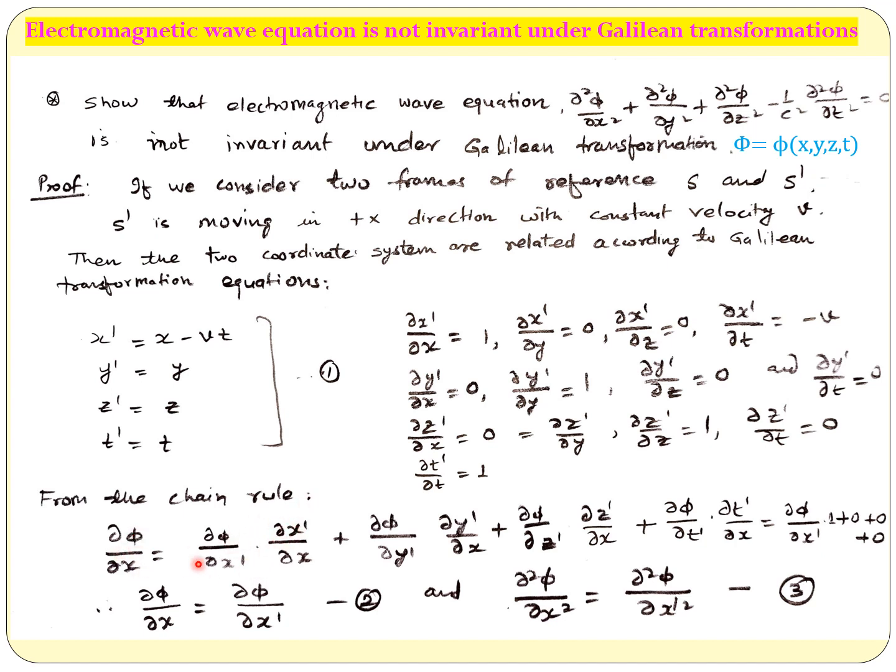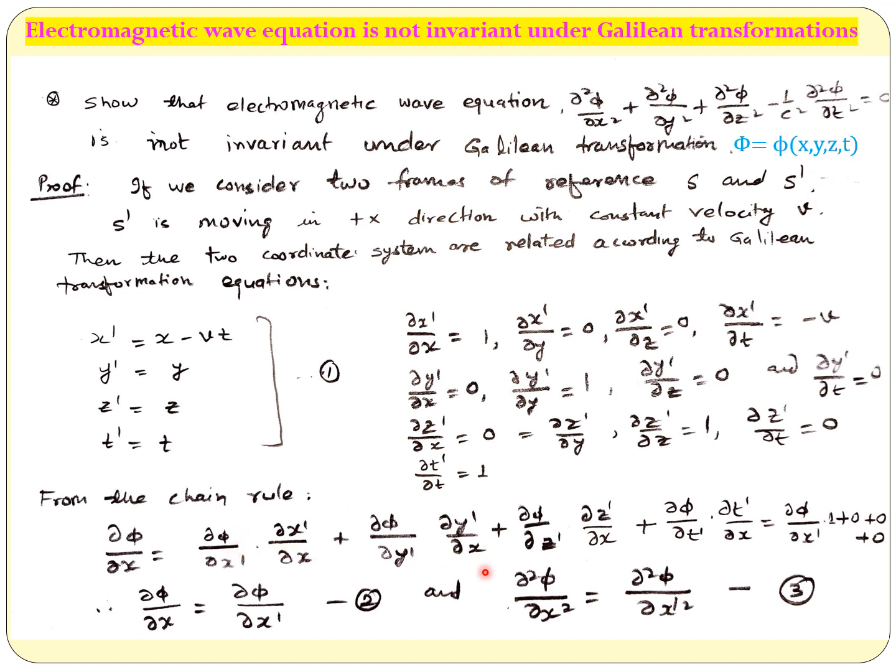We can write this delta phi by delta x like this: delta phi by delta x prime into delta x prime by delta x, plus delta phi by delta y prime into delta y prime by delta x, plus delta phi by delta z prime into delta z prime by delta x, plus delta phi by delta t prime into delta t prime by delta x. So it is a function of all these, x prime, y prime, z prime and t prime.